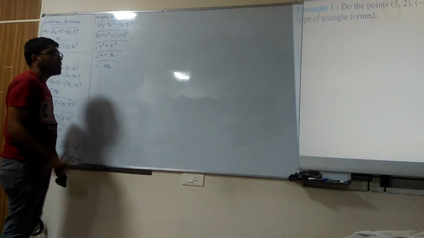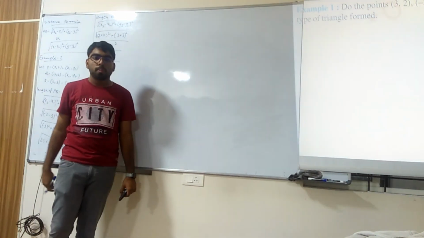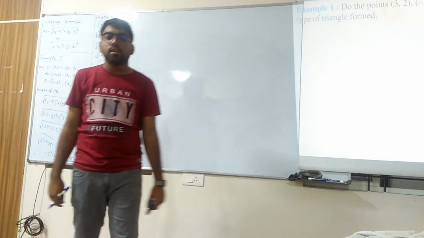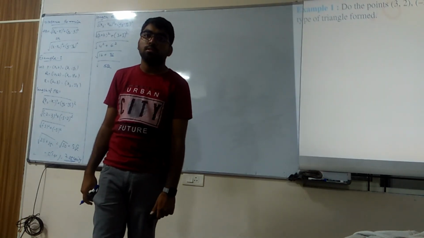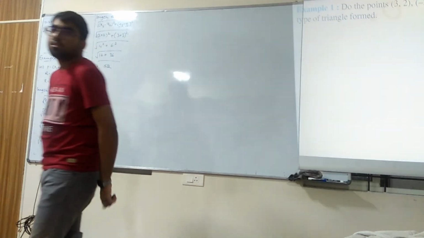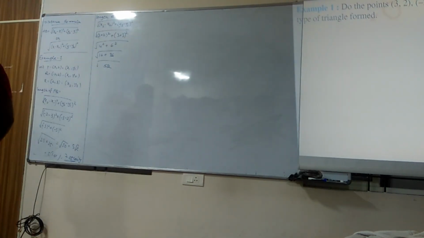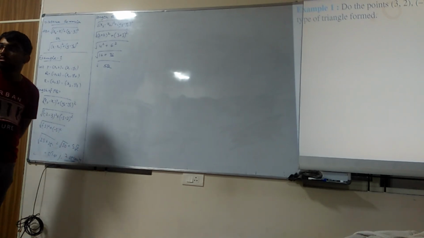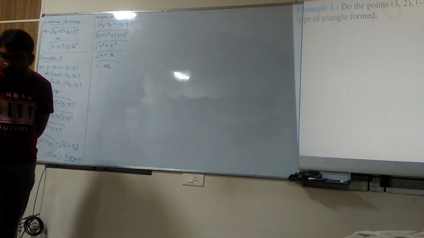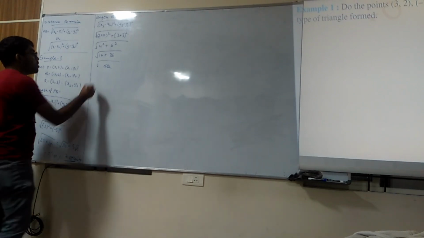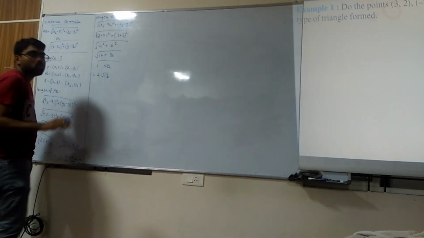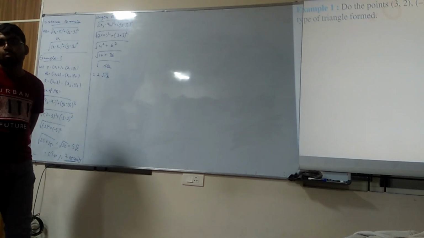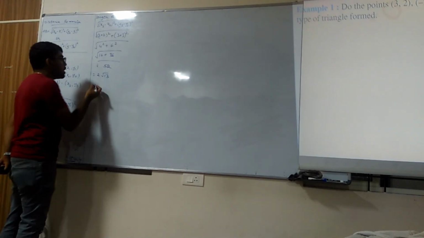How can you write 52? 52 can be written as 4 times 13, so it is 2 root 13. The root 13 value you don't need to find. Keep it as such.